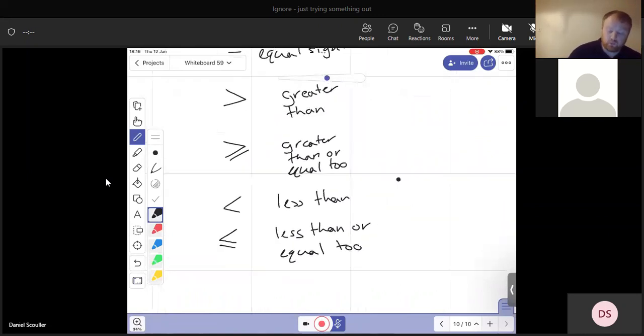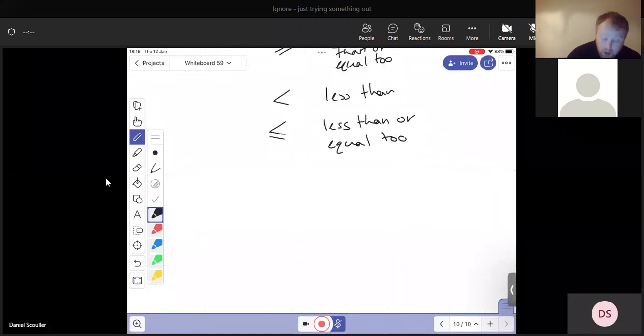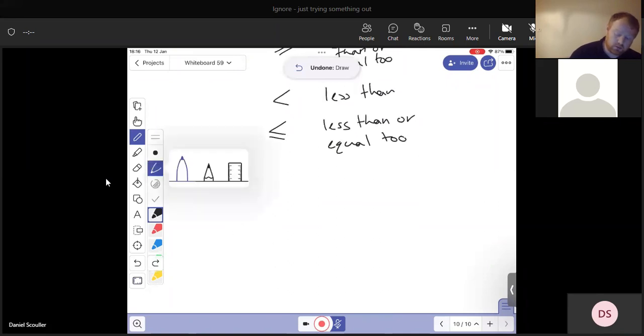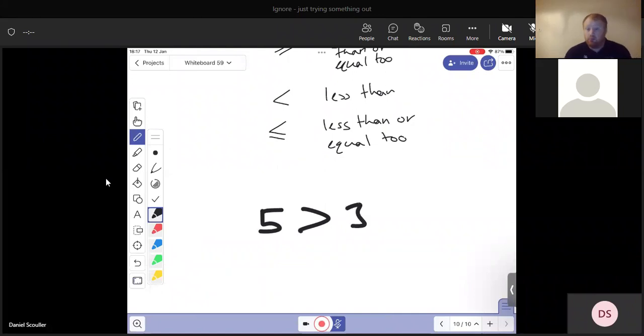Just really simply, how do we use that? We can say something along the lines of 5 is greater than 3. As an equation, that's true.